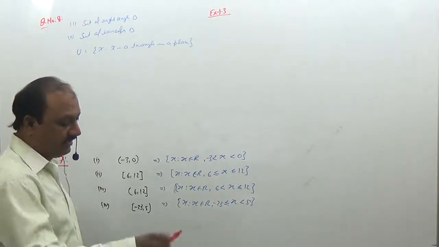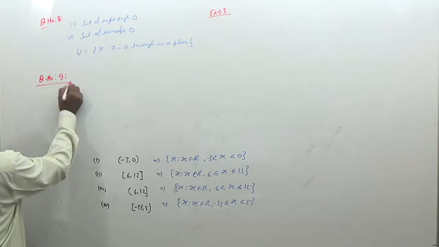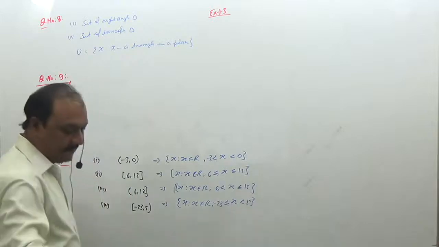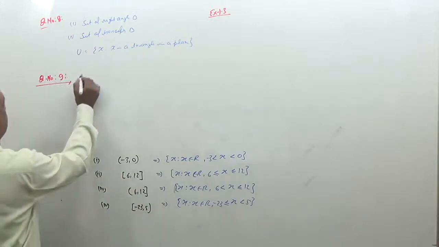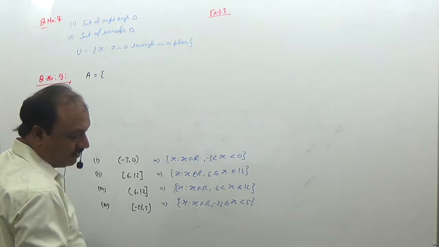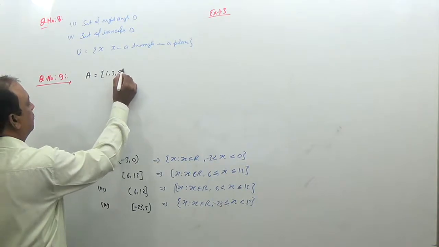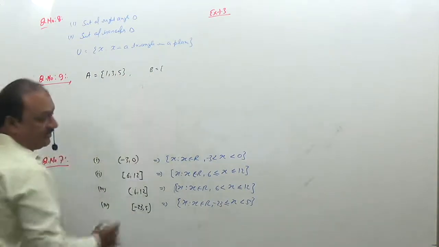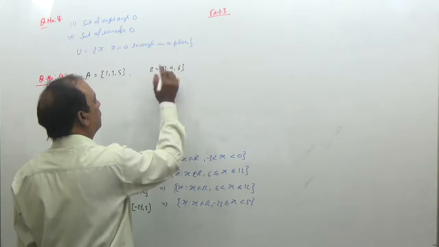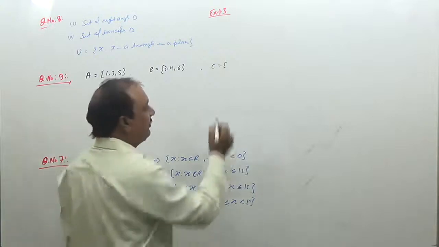Now question number 9 is: given a set A which contains the elements 1, 3, 5, and there is a set B with 2, 4, 6, there is a set C with elements 0, 2, 4, 6, 8.